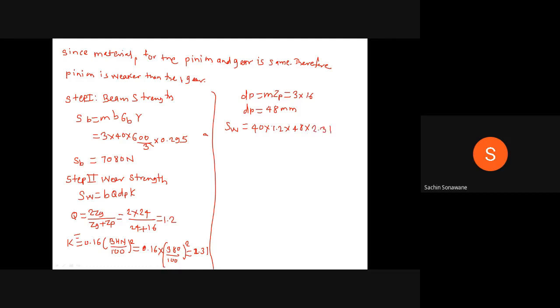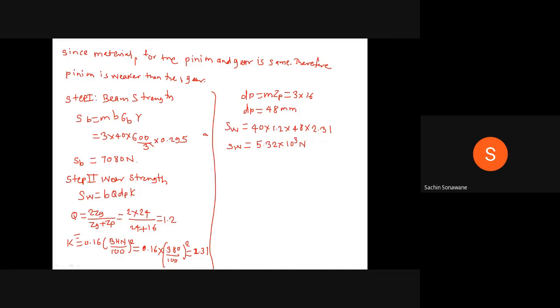Anyone can tell me the answer? Yes, SW is 5.32 into 10 raised to 3 Newton. Yes, it is correct.